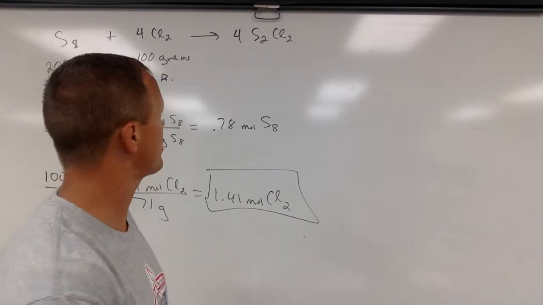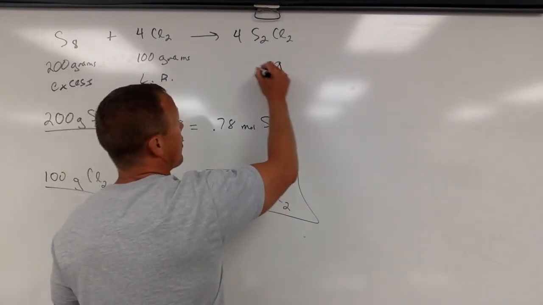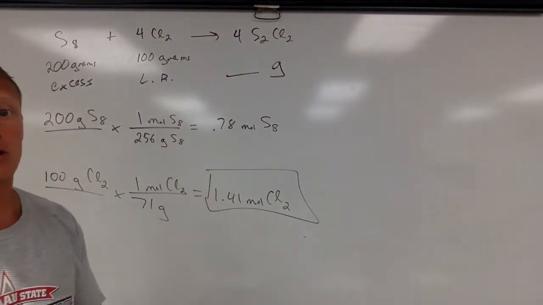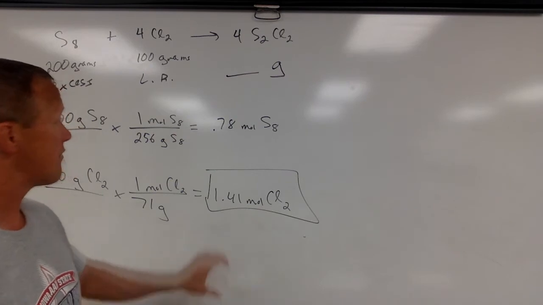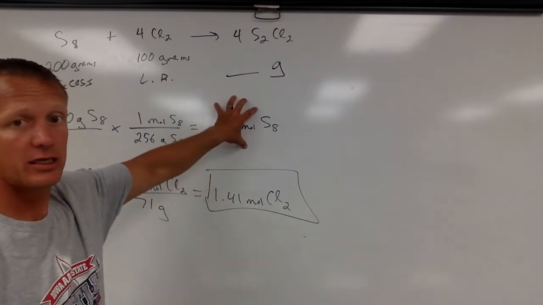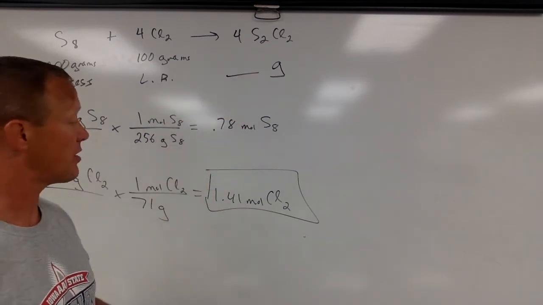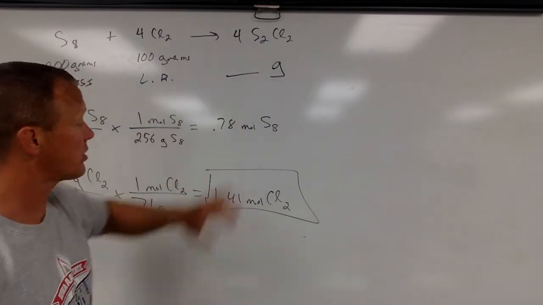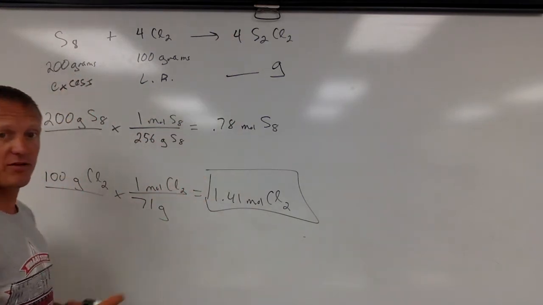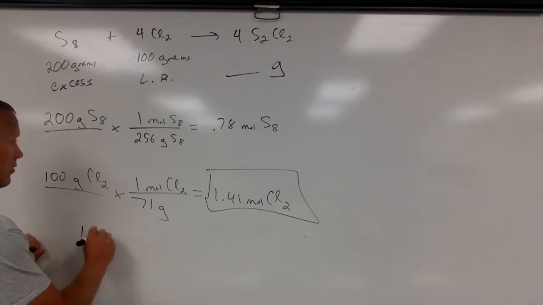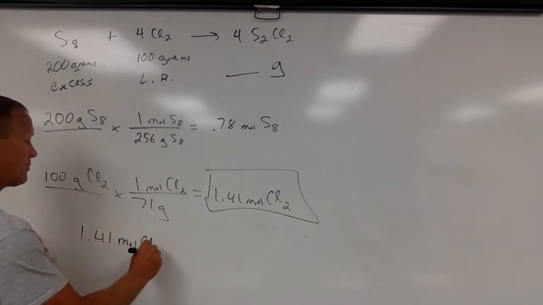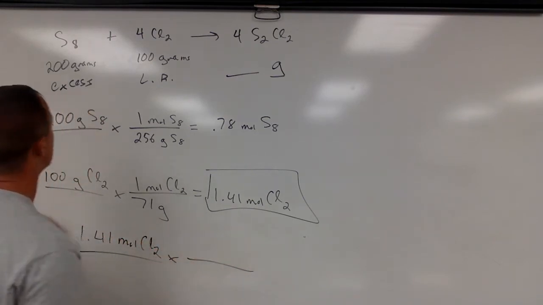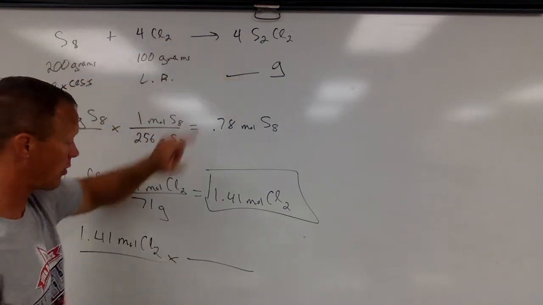So next question is, what mass of this would be produced in the reaction? Whenever you're doing stoichiometry, never start with your thing in excess. If you do that, you're going to get too much of the other things. So start with your limiting and work to that. I could start with grams or with moles. It's going to be faster to start with moles. So I'll say we have 1.41 moles of chlorine. Mole ratio is 4 to 4.